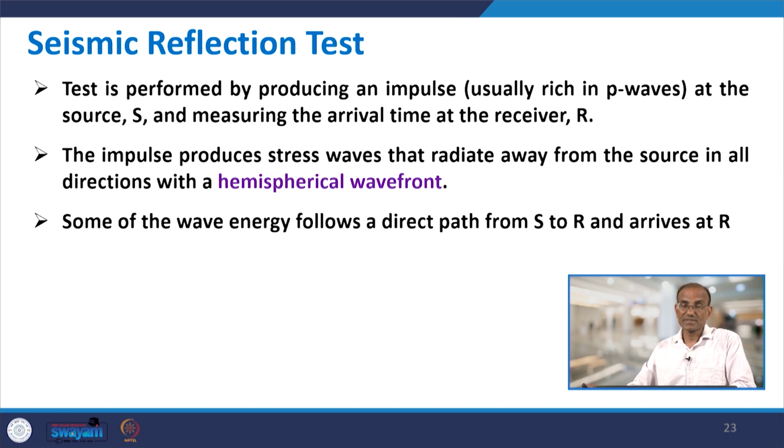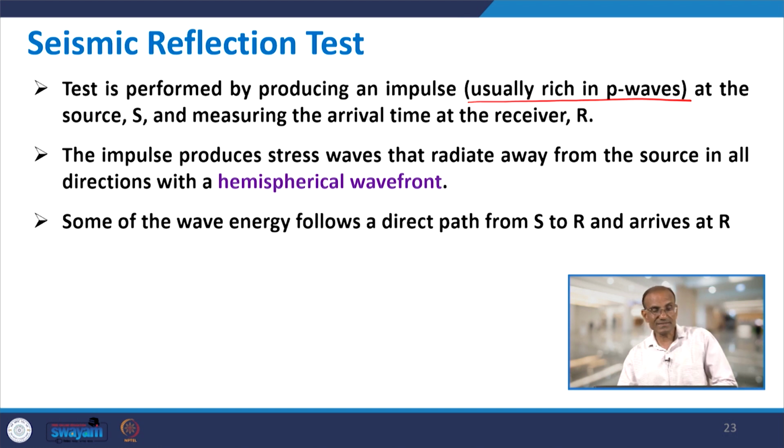Continuing with this seismic reflection test, it is performed by producing an impulse which is usually rich in P waves. So, the impulse which you have is rich in P waves, at the source S, and measuring the arrival times at the receiver R. So, you have one source which is denoted by S and you have the receivers.